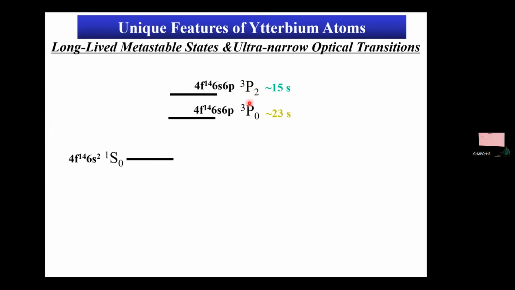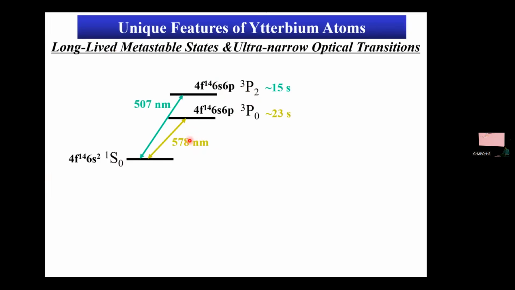Okay, and between the ground state, singlet 0, and these metastable states, there are only weakly allowed ultra-narrow optical transitions at these wavelengths.